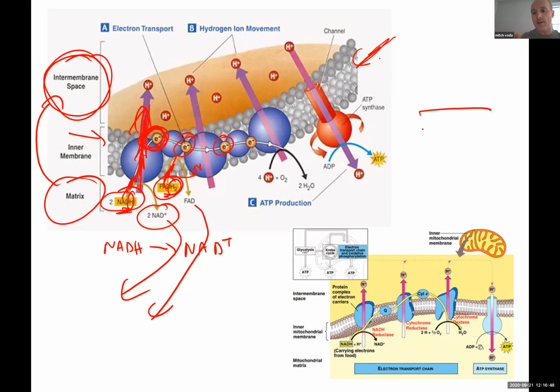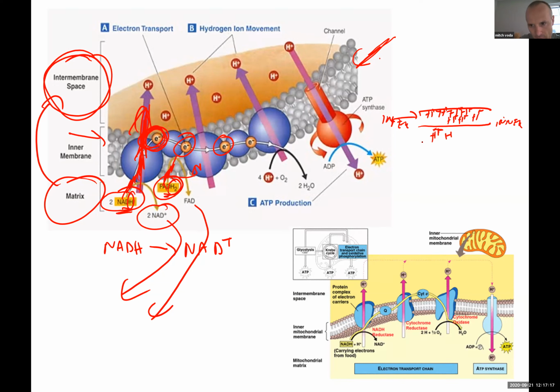Let's assume this is the inner membrane, and this is the intermembrane space. Here you have very few hydrogens, but here you have a ton of hydrogen ions. Now remember, these are hydrogen ions, not hydrogen. Hydrogen is a gas and it's toxic. We don't want that. We have hydrogen ions.